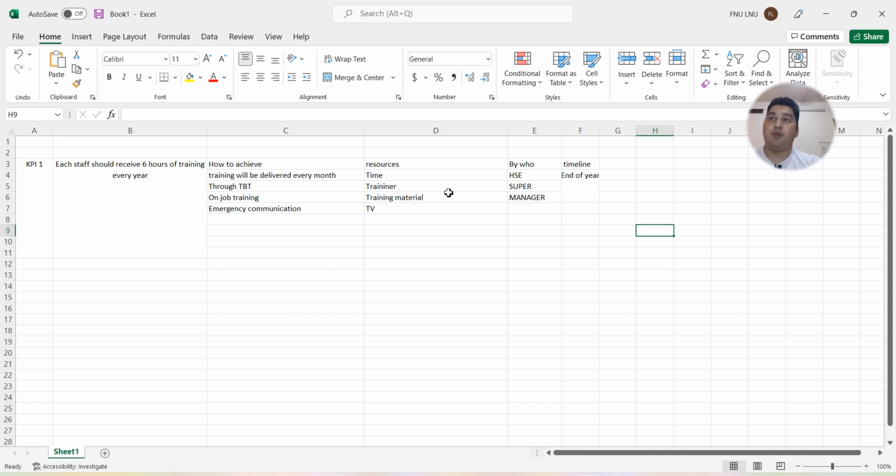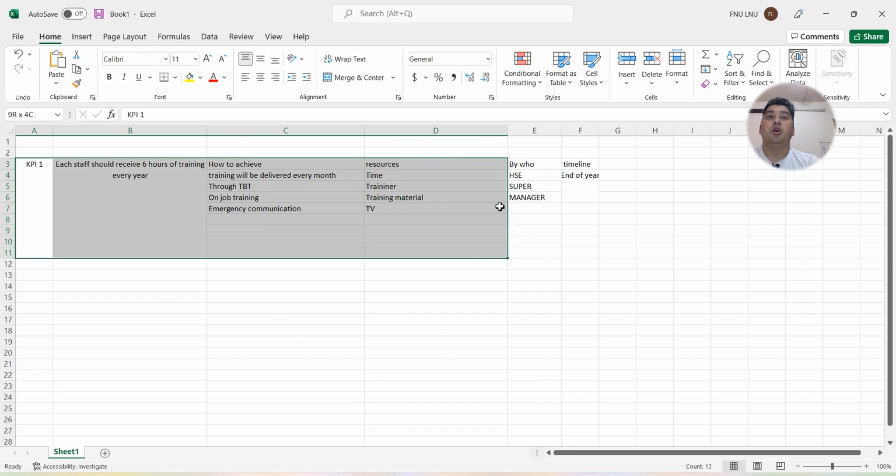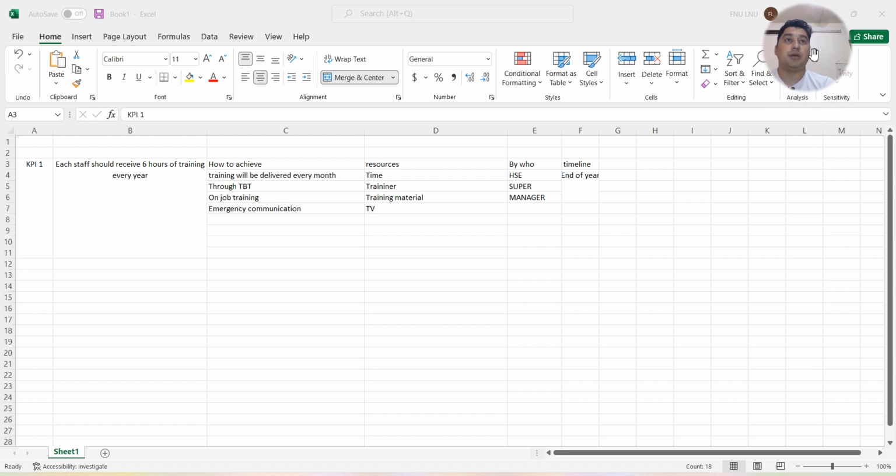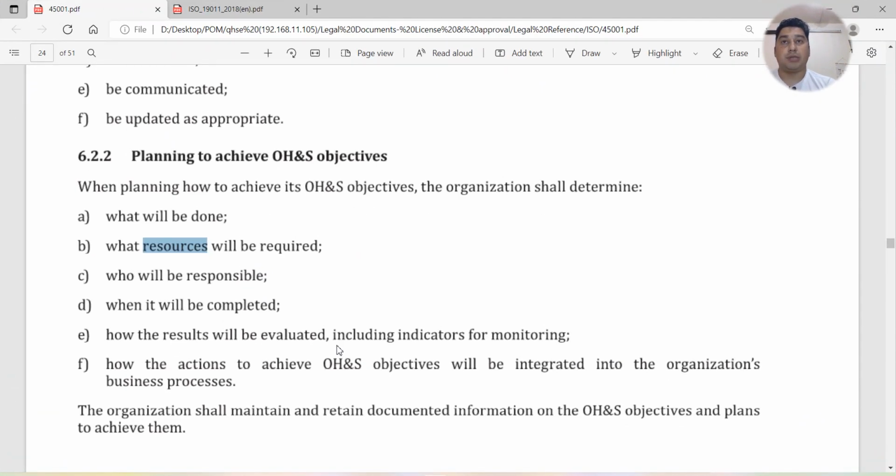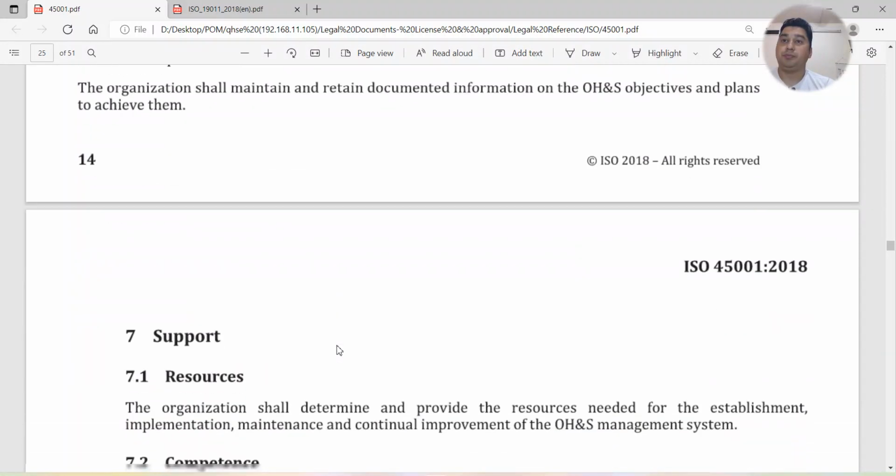So in this way, you have to make a plan to achieve your KPIs. For each KPI, you need to put the plan. KPI 1, KPI 2, the same way you have to maintain the document to achieve the KPIs. I hope it is clear how you're going to set the objectives and targets or KPIs and how you're going to make a plan to achieve them.